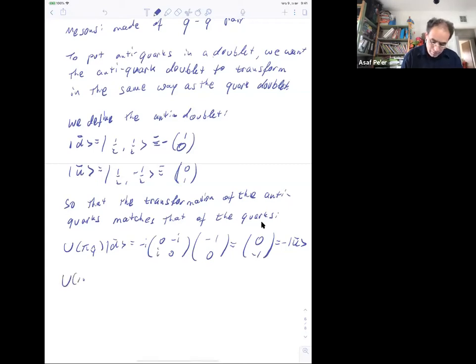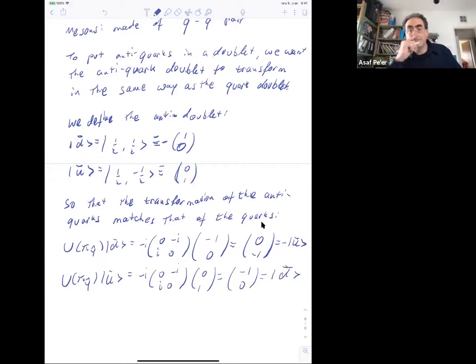On the anti-up: (0, minus i; i, 0) acting on (0, 1) is again (minus 1, 0). So this is the anti-down.